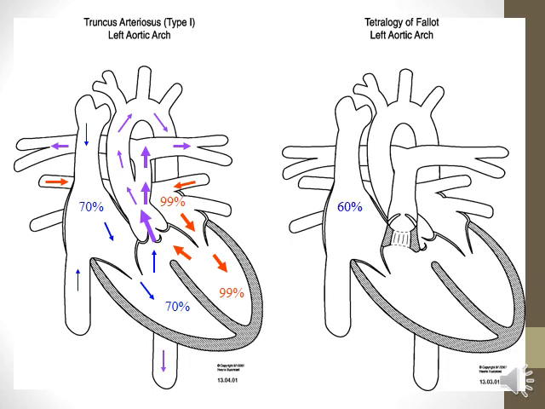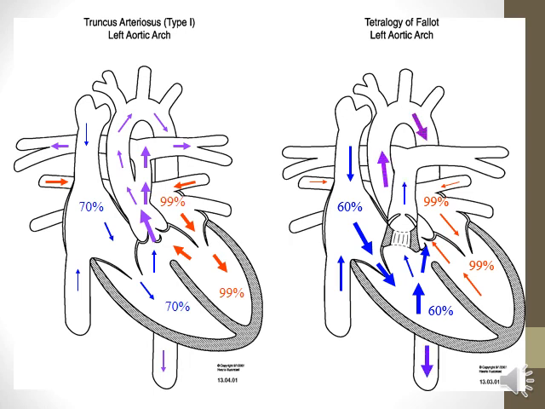In tetralogy of Fallot with left aortic arch, saturation is around 60% on right side of the heart and 99% at the left side of the heart, but there is mixing at the level of ventricular septal defect, and pulmonary circulation is compromised because of pulmonary stenosis, dynamic pulmonary stenosis, and gradually this deoxygenated blood flows to systemic circulation and leads to cyanosis.